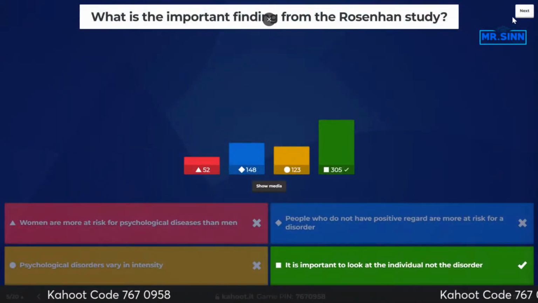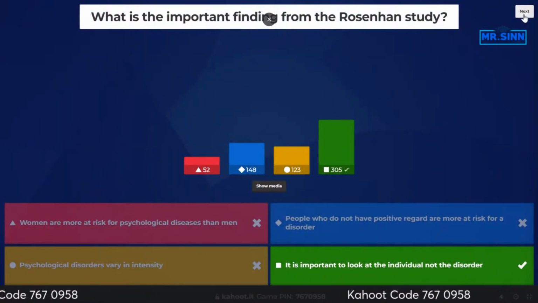What it shows is that it's really important not only to correctly diagnose someone, but when we're looking at different individuals, we have to remember that they are people, and we need to focus on the individual. You can't always just assume that a label on someone is correct. That was the big thing with this study. The majority of people got it, but this one had a lot of division, so I wanted to quickly go over that before we go on to the next one. That's the Rosenhan study.